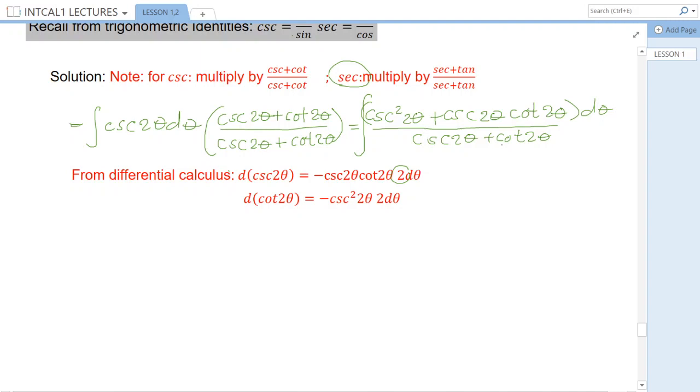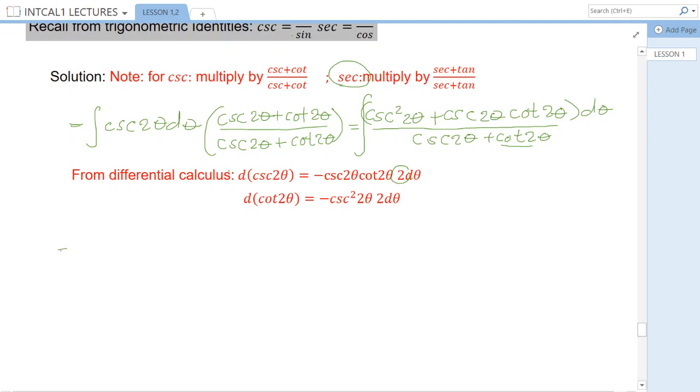And for cotangent 2 theta, that is equal to negative cosecant squared 2 theta times 2 d theta. So for the numerator, that is positive and not multiplied by 2, whereas for the differential, that is negative and 2. So we are going to divide by negative 1 half and multiply by negative 2.